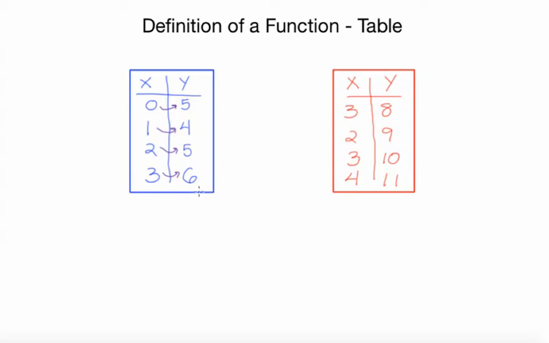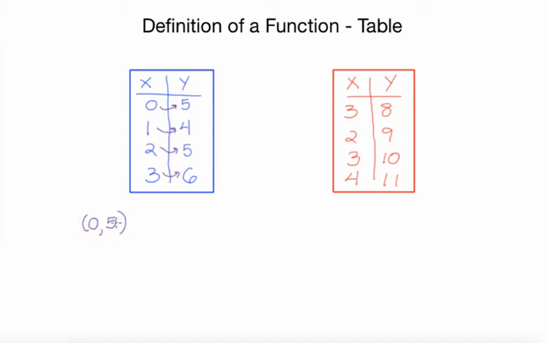So again, the definition of a function is for every input value x, there is only one output value back y. So let's take a look here. If I input a value of 0, according to my table, what do I get back? It turns into 5. And we've done this before.